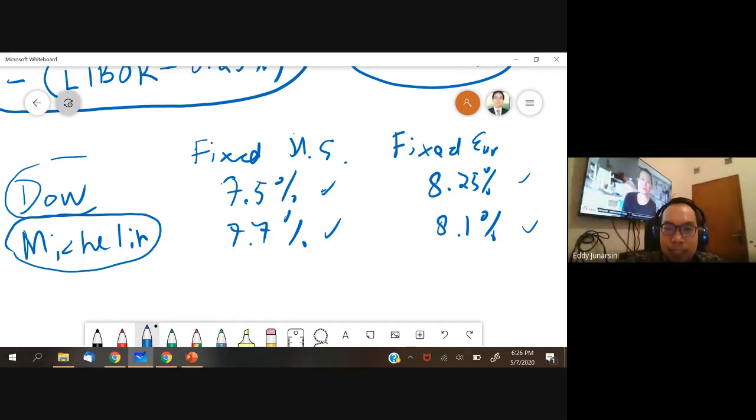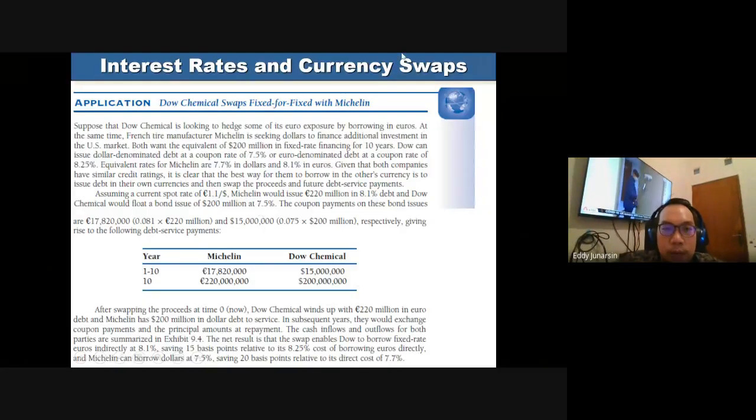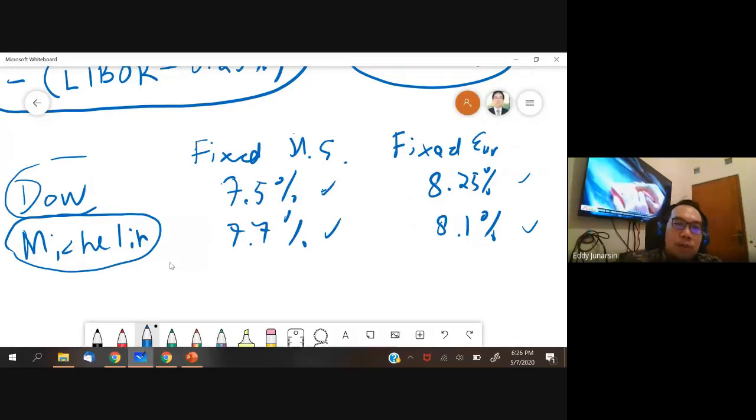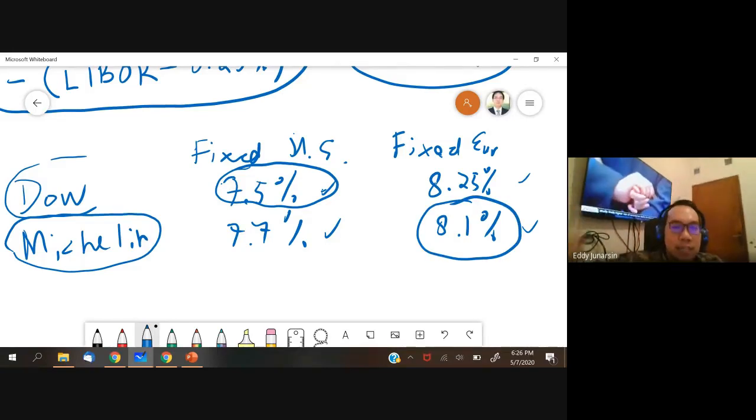And then they exchange their obligations, right? And we'll see how it works here. Okay, so let's say they decide to borrow money in their respective countries, right? So Dow will borrow money in the United States and pay 7.5, and Michelin will borrow in Europe by paying 8.1, and they exchange their obligations, right?